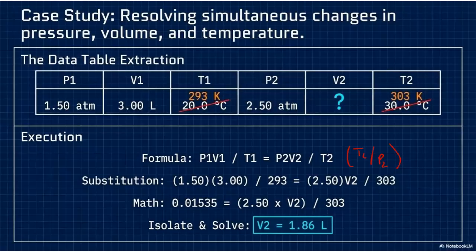When you use the combined gas law, it becomes harder, because the term that influences the gas the most is going to determine what happens to that gas. So if the pressure influences more, then you'll be able to tell what's going to happen to the volume. Or if the temperature influences more, then you'll know what happens to the volume. In this case, the volume went down, so the effect of pressure is bigger than the effect of temperature.